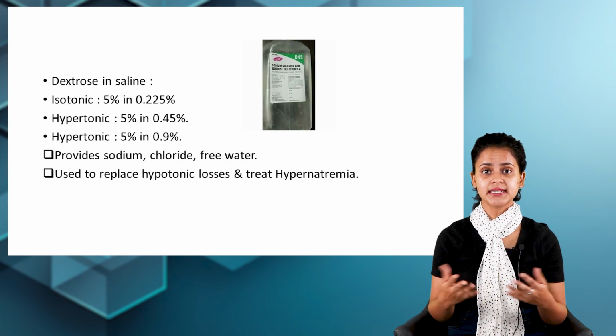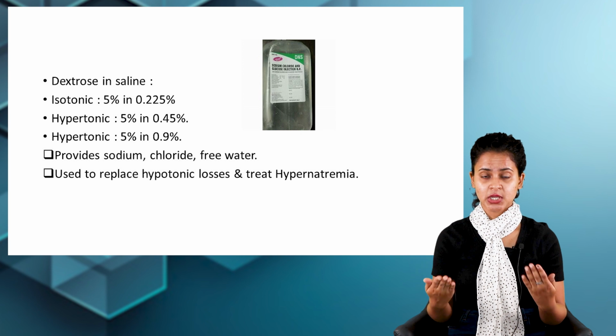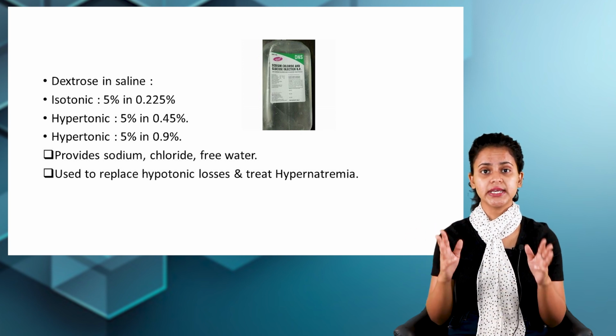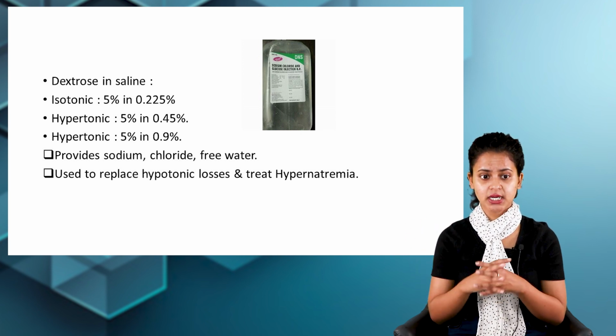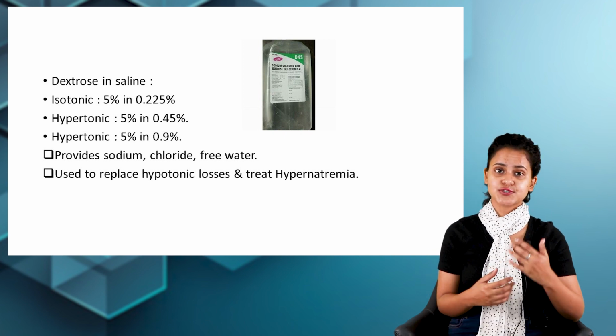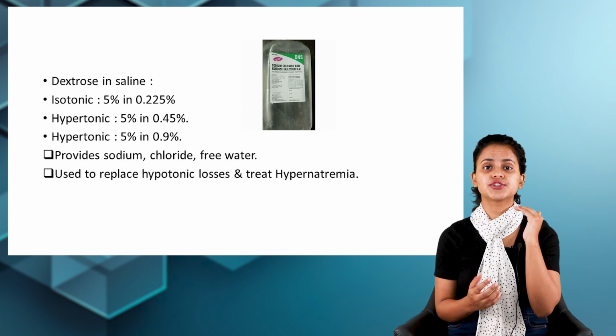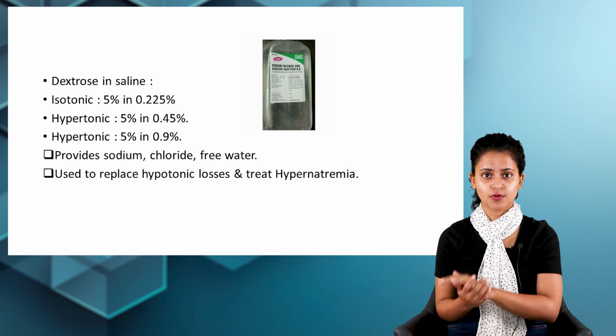The third type of solution we are going to see is dextrose in saline. It also has three basic types: isotonic, hypotonic and hypertonic. In the isotonic one, there is 5% dextrose in 0.225% saline.